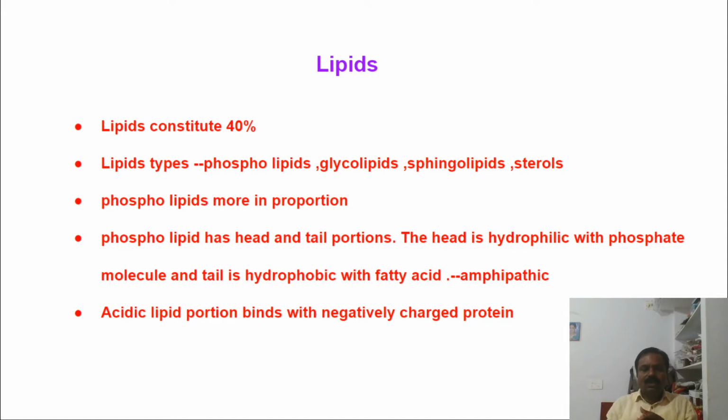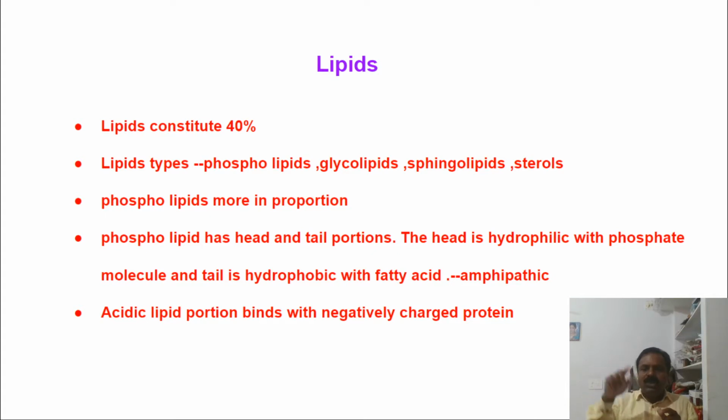So phospholipid has two portions: one round head portion, and below this one tail portion.